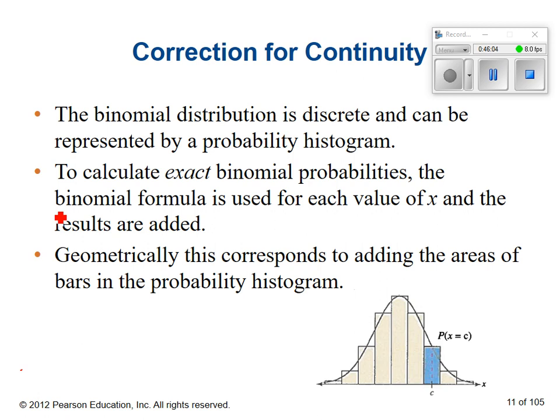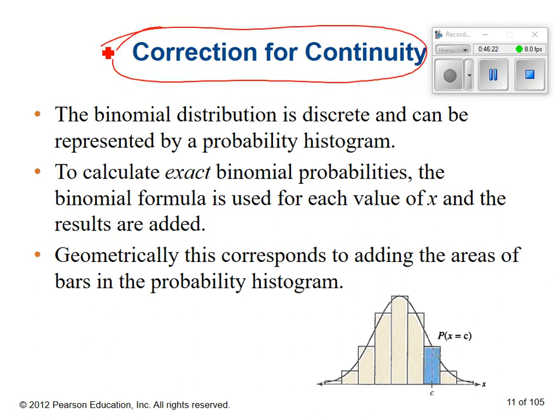The bad thing is when we're trying to approximate it to the normal curve, are those bars completely filling up that normal curve? No. Not quite, right? So we're going to have to do something, and that's the correction for continuity. We're going to correct for these little points that stick outside and these little empty spaces, so that we can find a better approximation of the area.